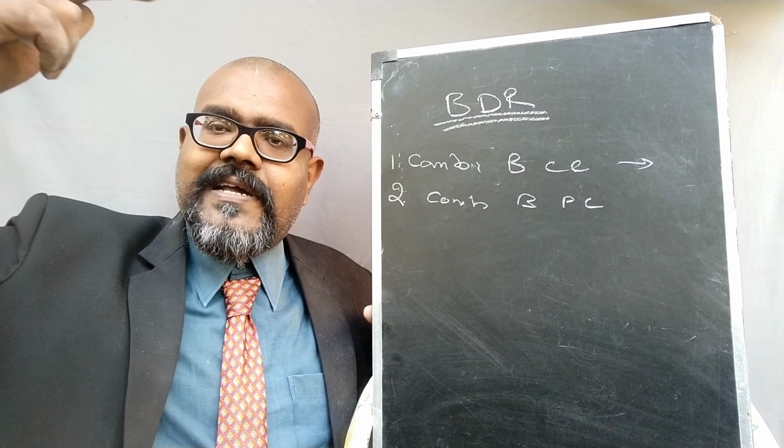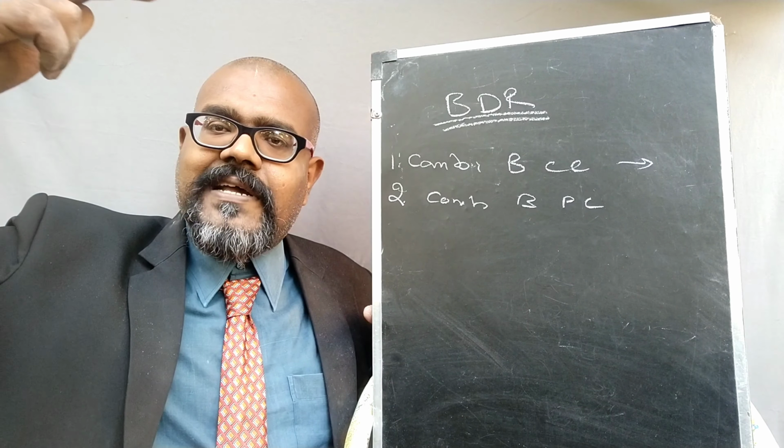If you want to shift the summing point ahead of the block, for example, if there is a block there and the summing point is here, then what is the rule?